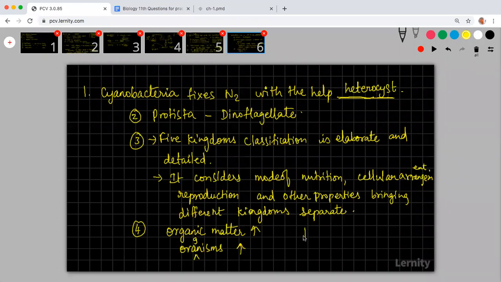This will reduce the oxygen level in water and pollution goes up.